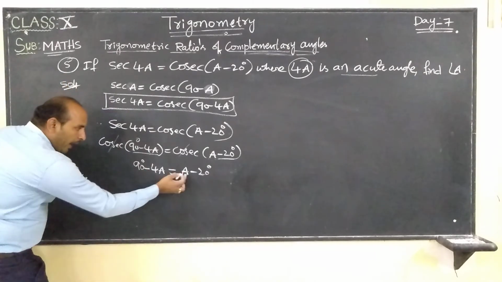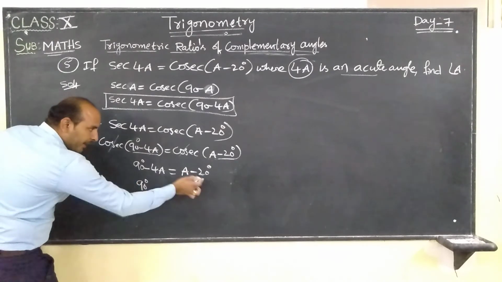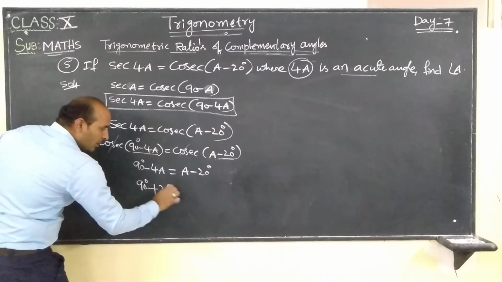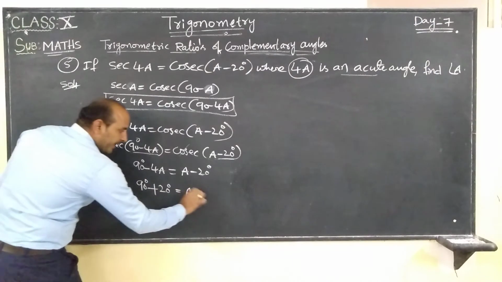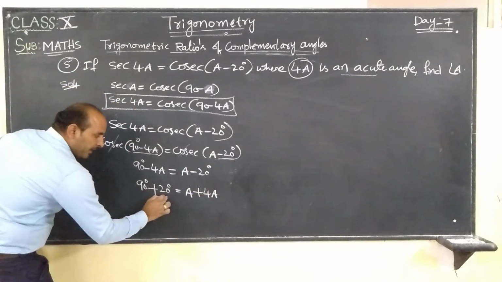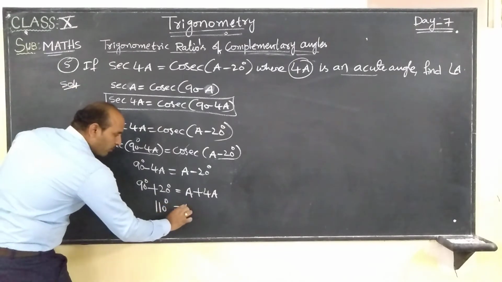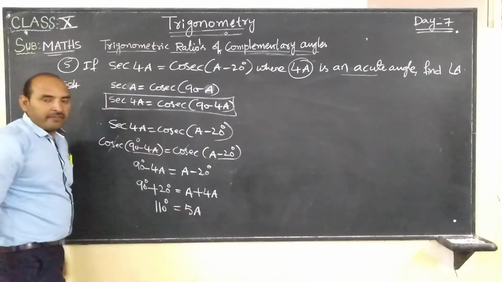So now A minus 4A, take this side; 90 degrees minus 20, take this side, plus 20 degrees, which is equal to A minus 4A, take this side, that is 4A. So clearly 90 plus 20, 110 degrees is equal to A plus 4A, 5A.